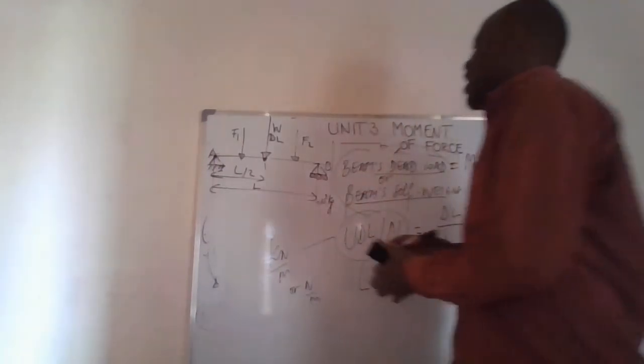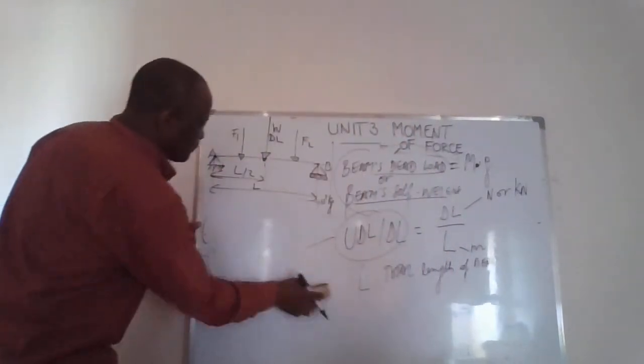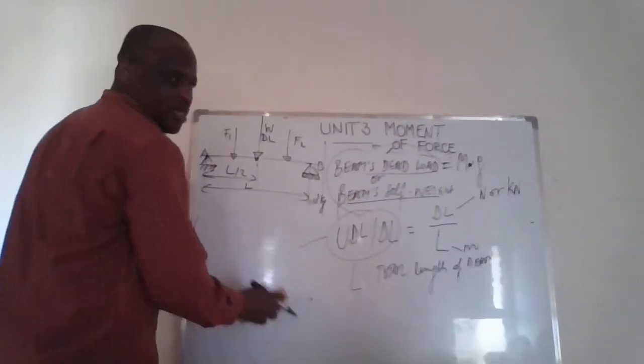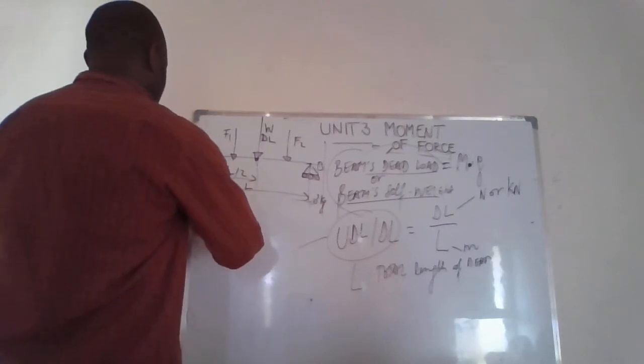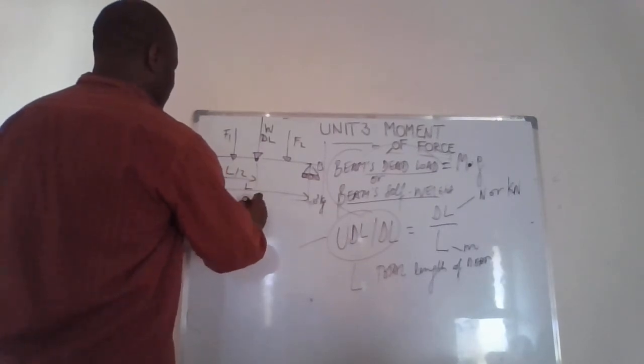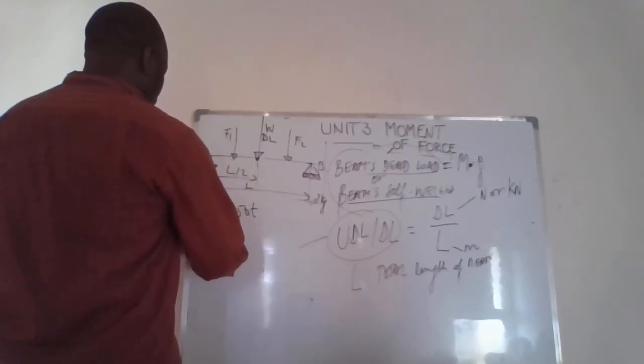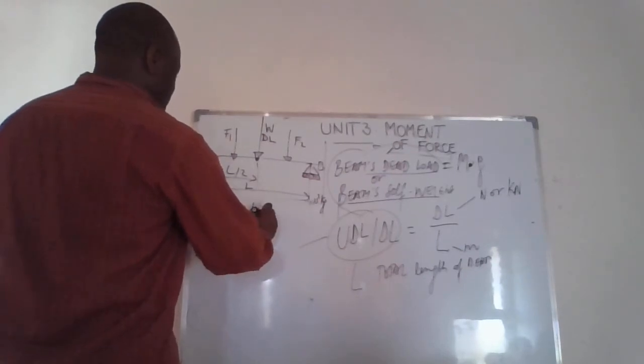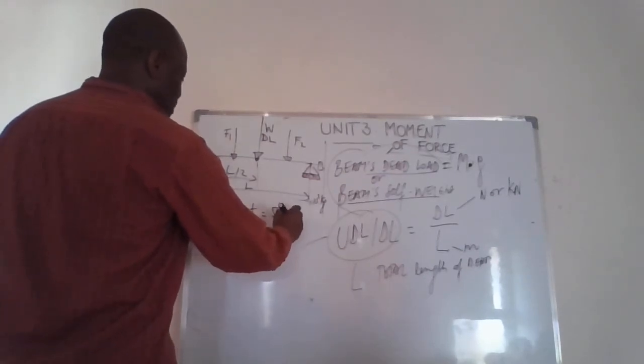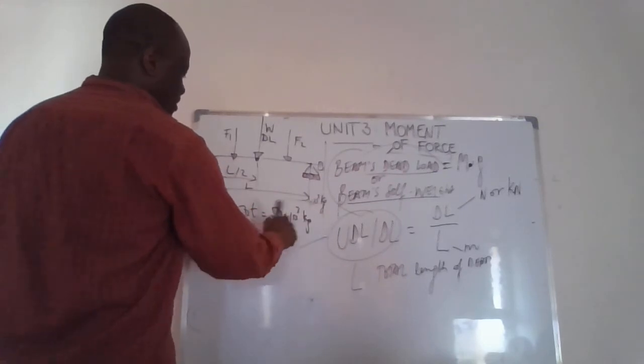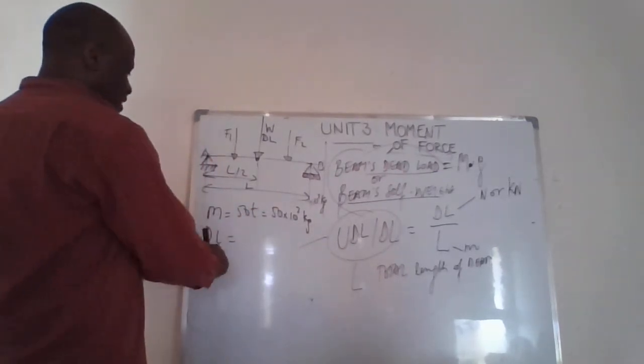Let's admit that this beam has a mass of 50 tons. The dead load will be, first of all, in kg, 50 times 10 to the power 3 kg.